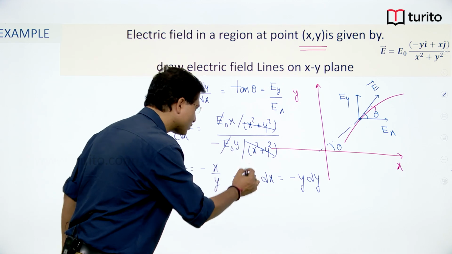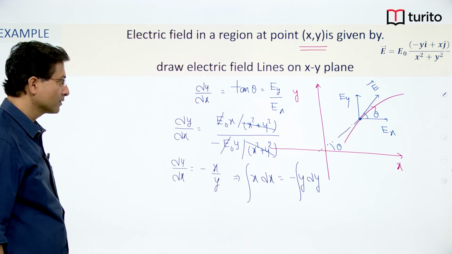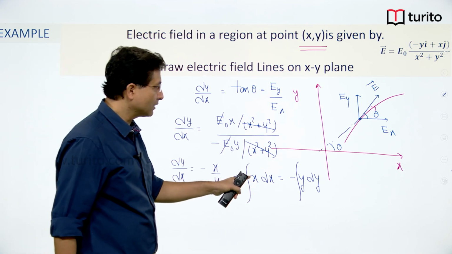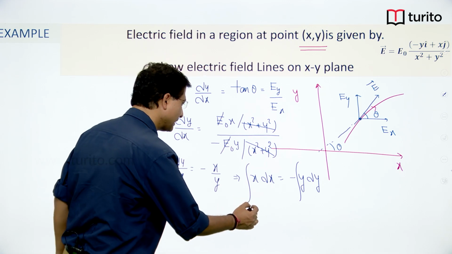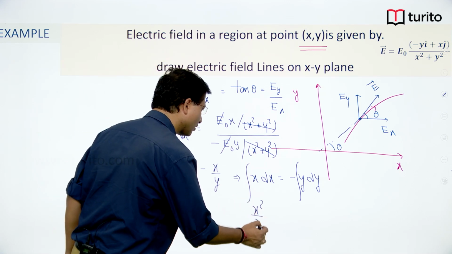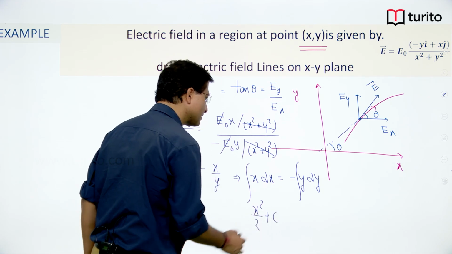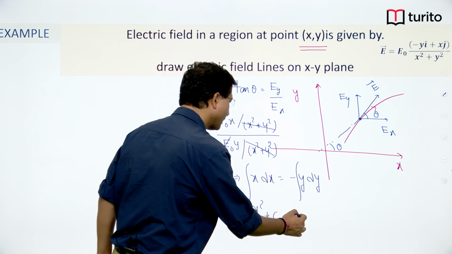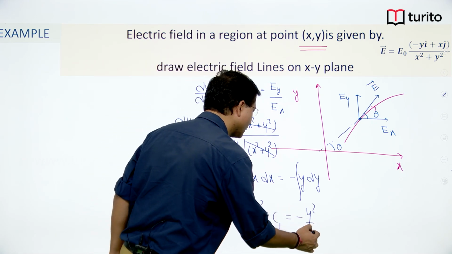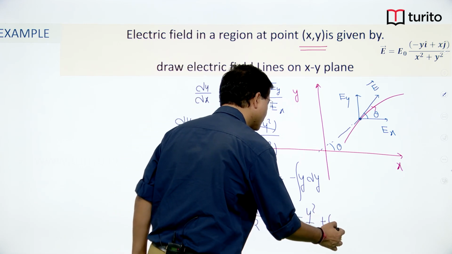And I integrate this one. Then on this side I will get x square by 2, because this is an indefinite integration, plus some constant C1, and on the other side I will be getting minus y square by 2, and as this is an indefinite integral I will get C2.